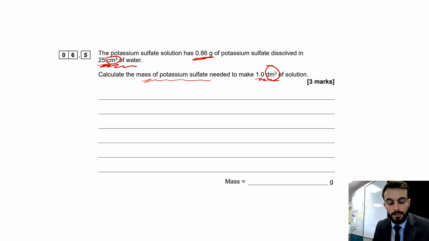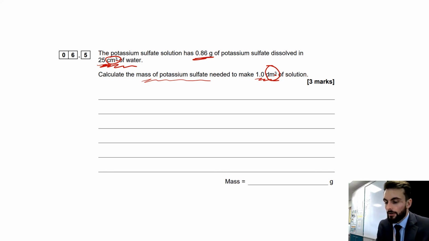So the first thing you need to think about is, how do I convert one of them into the other unit to make sure they're both the same before you can do anything further. So I would just turn centimeters cubed into decimeters cubed. Now, the thing that stumps everybody for this one is because it is cubed. A decimeter is just 10 centimeters, but because we're talking about volume, it's going to be cubed. So it's going to be 10 times 10 times 10, which is 1,000.